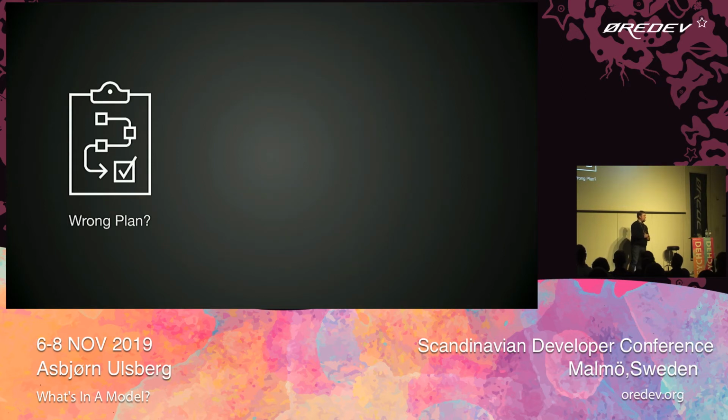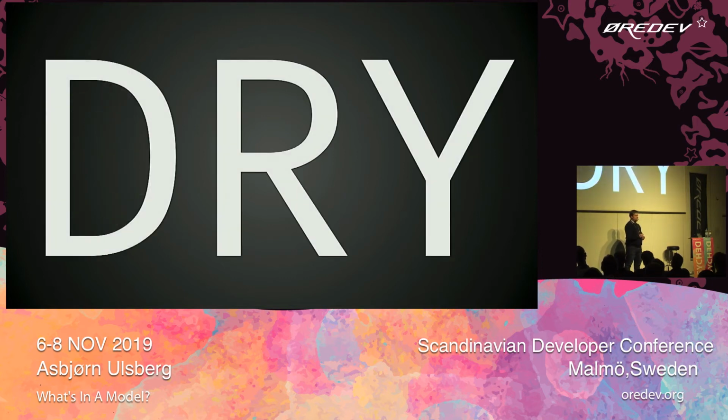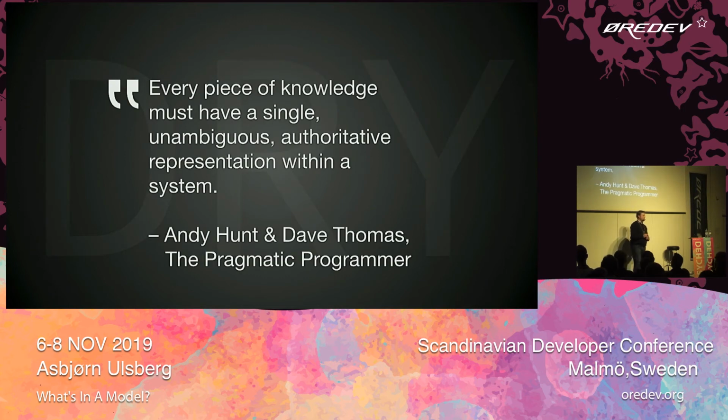Another part of the plan that seems to be wrong is our understanding of these three letters. Don't repeat yourself. DRY, as defined by Andy Hunt and Dave Thomas, says every piece of knowledge must have a single, unambiguous, authoritative representation within a system.